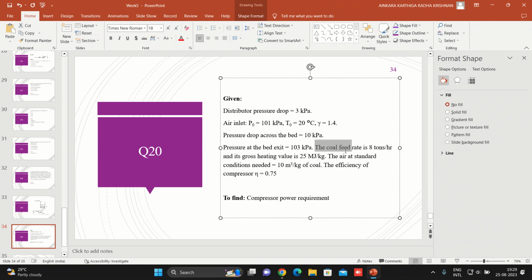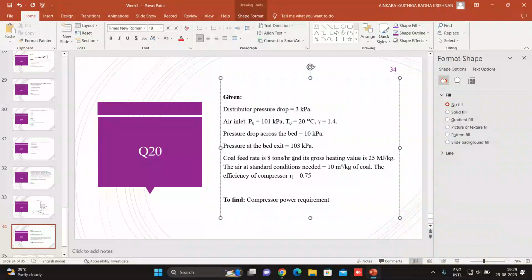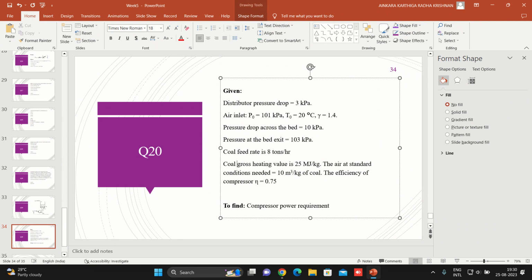Coal feed rate is 8 tons per hour, and we don't need this for now. Okay. Coal gross heating value is 25 megajoules per kg.